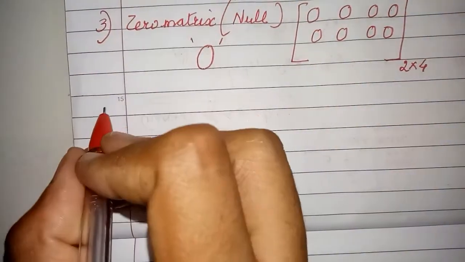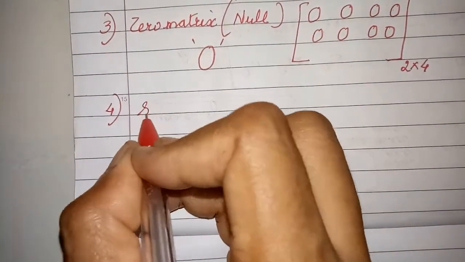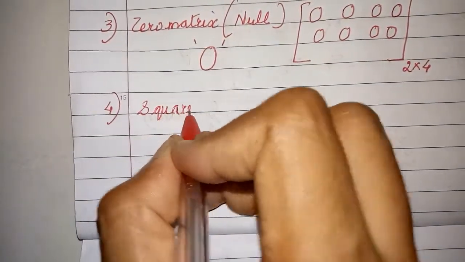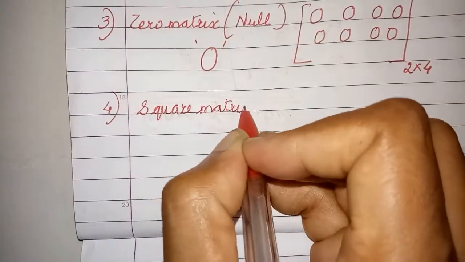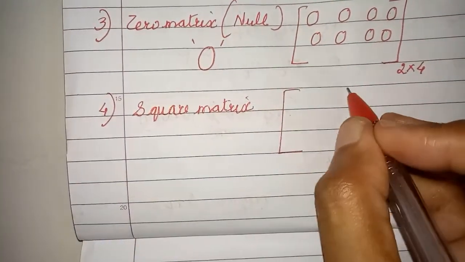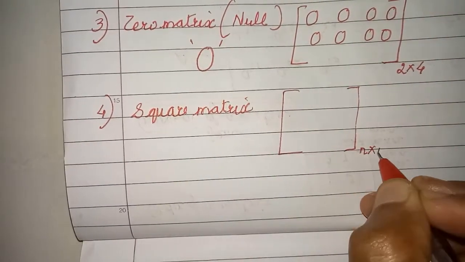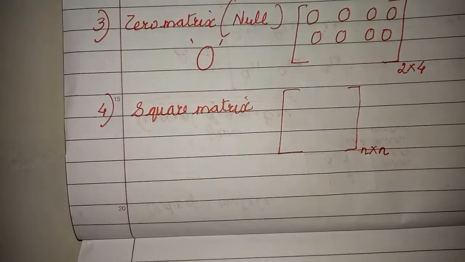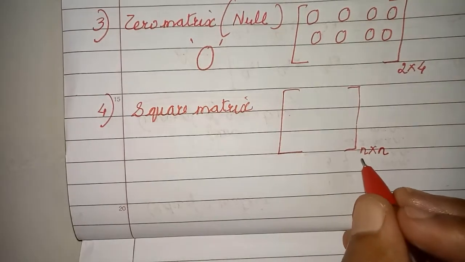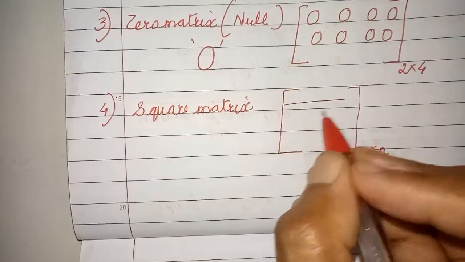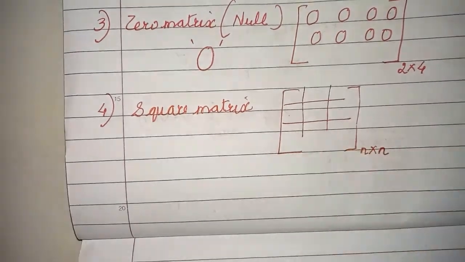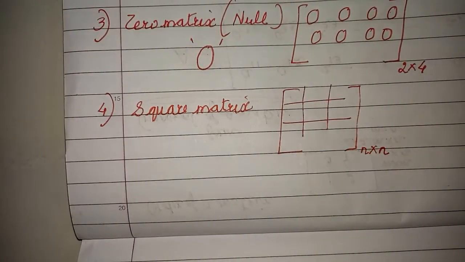Is that clear? Now the next type of matrix is the square matrix. Square matrix I have already told you, children. A square matrix is a matrix that takes the shape of a square, where the number of rows and the number of columns are the same. Either you can write m cross m or n cross n. That means the number of rows and the number of columns are the same.